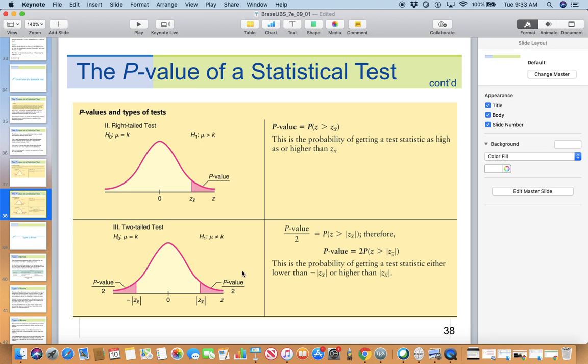Half of it here, half of it here. That's why p-value over 2, p-value over 2. So you're looking for probability Z greater than the absolute value of Z x bar. Multiply by 2 and that gets you the p-value. So you basically calculate the right hand side if you like and multiply by 2 to get the p-value.